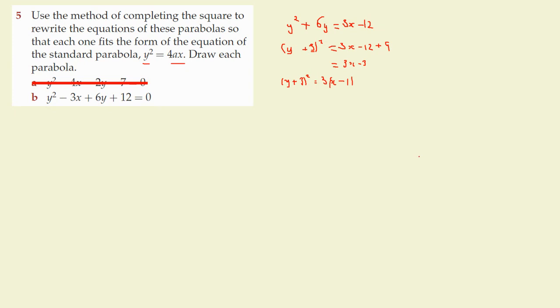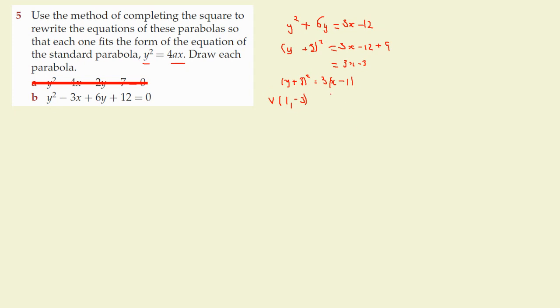Okay, I can see from this, to help me sketch it, that the vertex of the parabola will now have moved to the point 1, minus 3, because of the offsetting I'm having happen in my equation above. With the y value, I'm subtracting minus 3. With the x value, I'm subtracting 1.